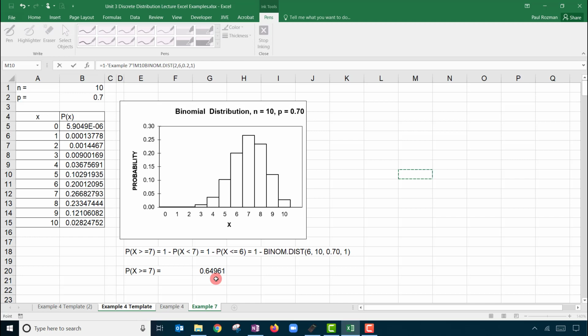Actually, the tables are pretty nice. They're fast. They're almost as fast as typing these functions in. I find that I might be faster with the table than I am with Excel. You're always given the option to do either, provided that it can be done with the table.